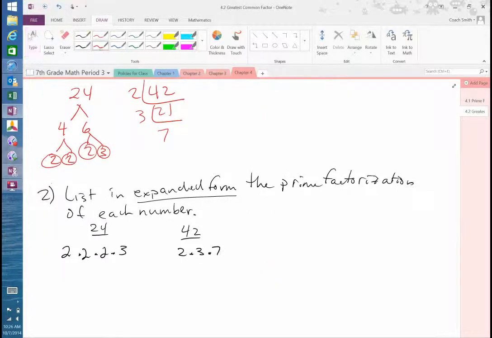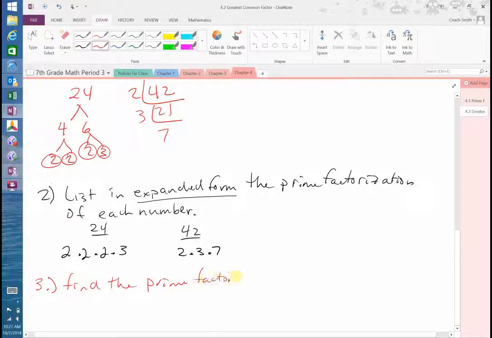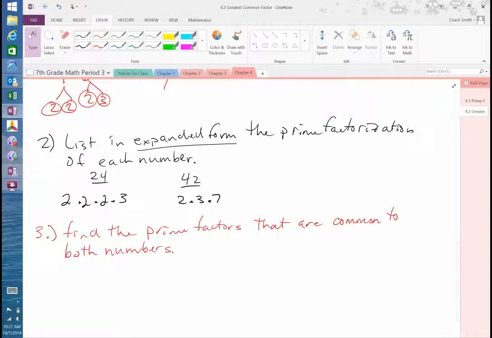So step 3 is find the prime factors that are common to both numbers. Then list them.